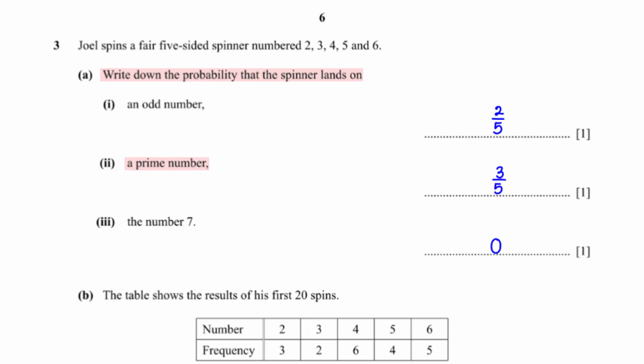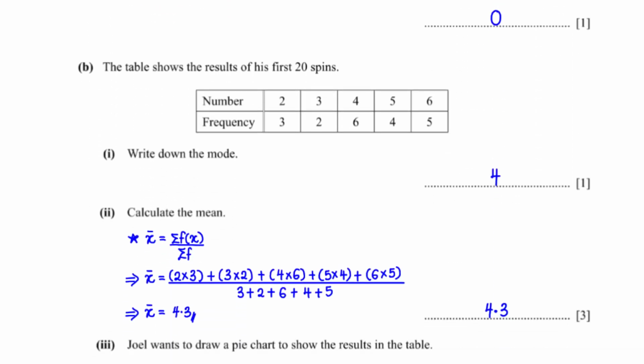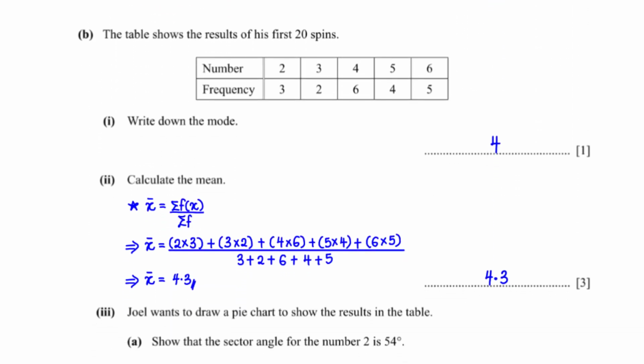This probability is equal to the number of prime numbers, which is 3, divided by the total number of numbers, which is 5. Write down the probability that the spinner lands on the number 7. There is no number equal to 7 on the spinner, so this probability is equal to 0 divided by 5, which is 0.